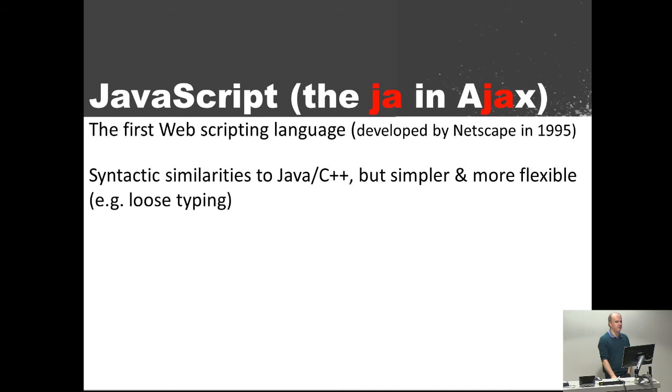So for example, there is loose typing, okay, which means that typically in Java, you can only do operations between variables of the same type. Okay. In Java, you cannot add a number with a character. Doesn't make any sense.